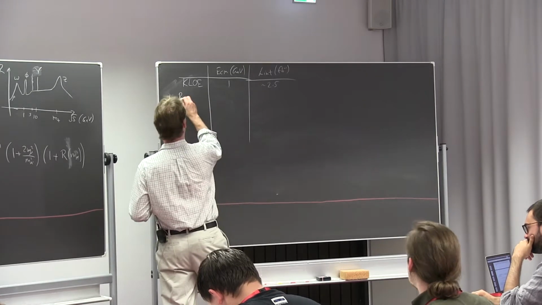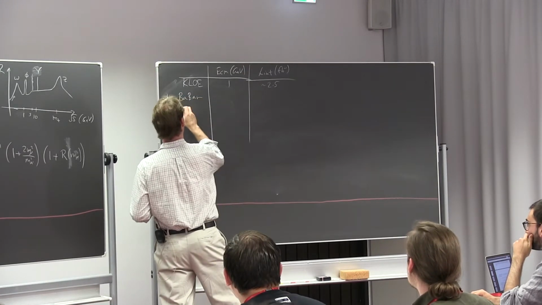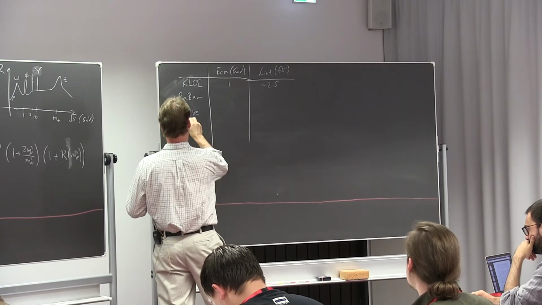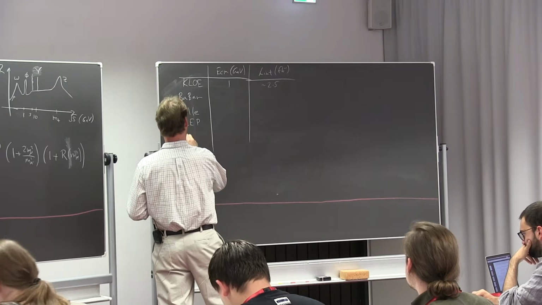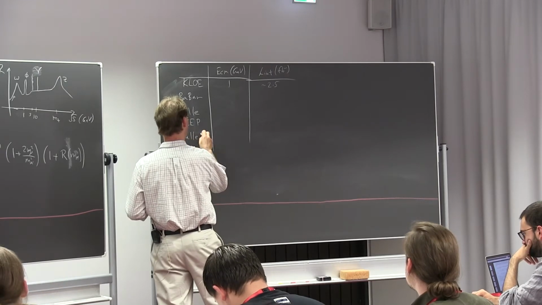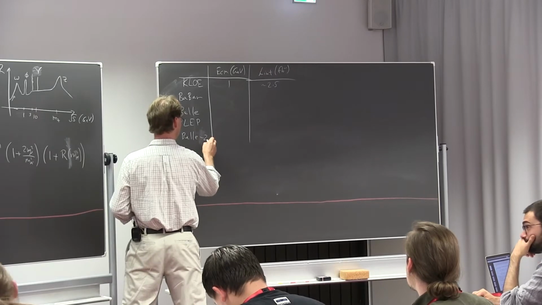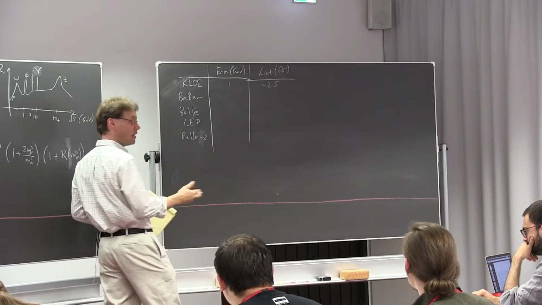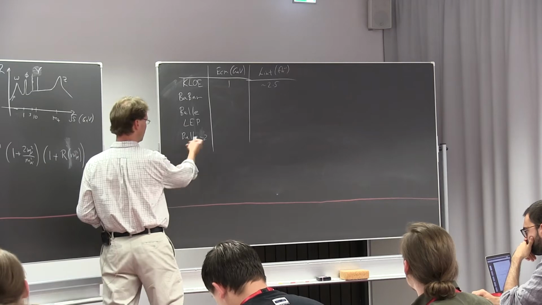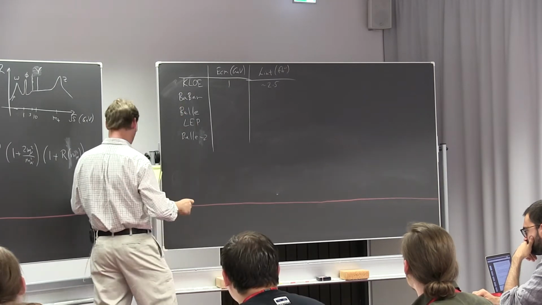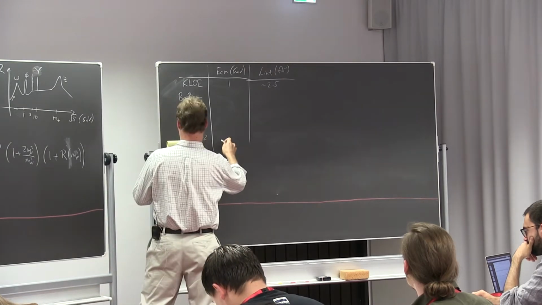So then there's BaBar, there is Belle, there is LEP, and then there's Belle 2. Everything is past except Belle 2, which is very near future. And there's also KLOE-2 now, which I'm not going to write down because I don't quite have the parameters here.